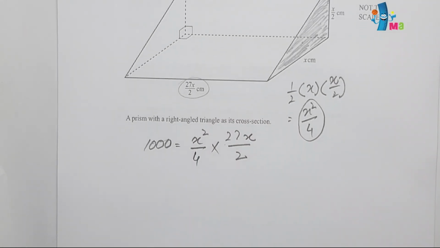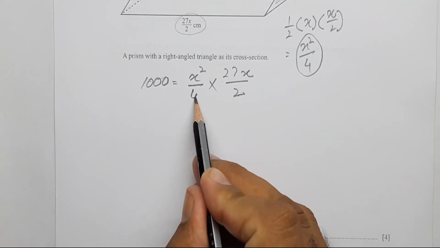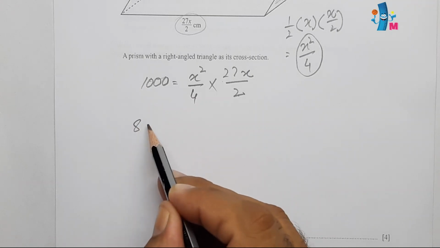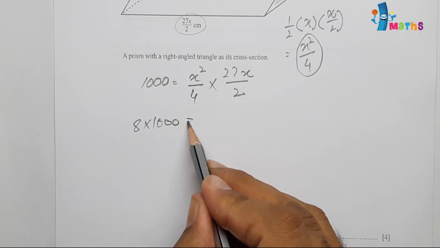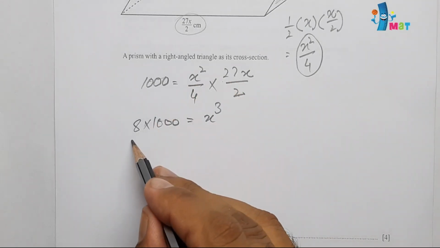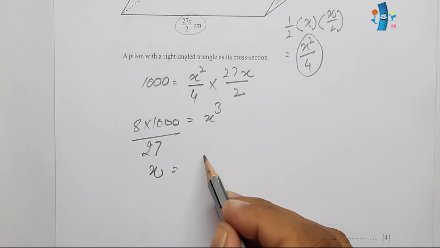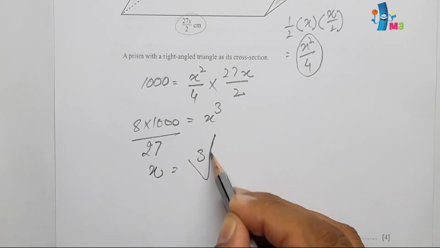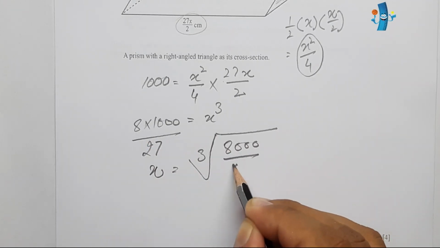27x over 2. Now we can simplify this, and this will be 4 into 2, 8. We will shift to this side. So 8 into 1000 is equal to x square into x, which will be x cube, and 27 we can shift to this side. So this will be over 27. So x will be equal to cube root of 8000 over 27.